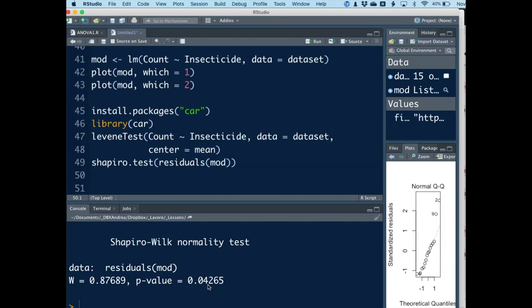That's your roadmap. First, fit the model. Second, check the residuals. And then take a decision. If the residuals are okay, you go ahead.